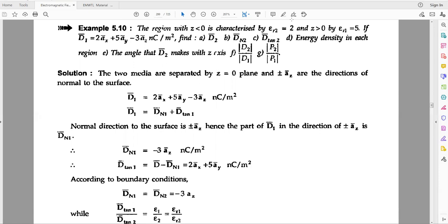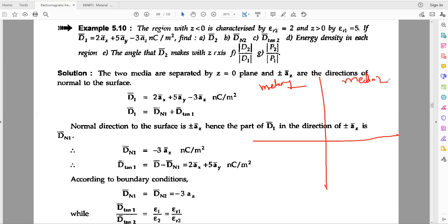Tangential 1 and tangential 2, and epsilon r1 and epsilon r2, definitely describe a boundary between medium 1 and medium 2, that is a dielectric boundary between two dielectrics.